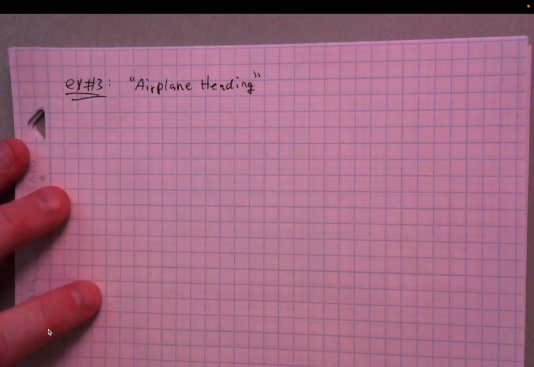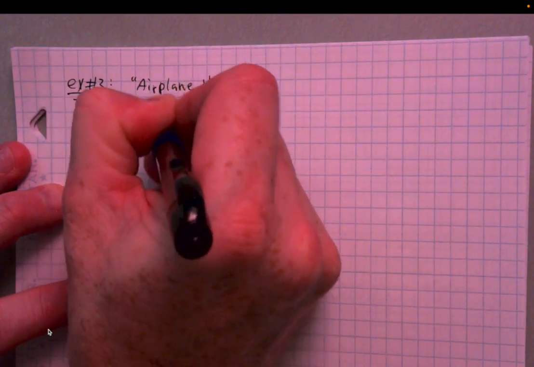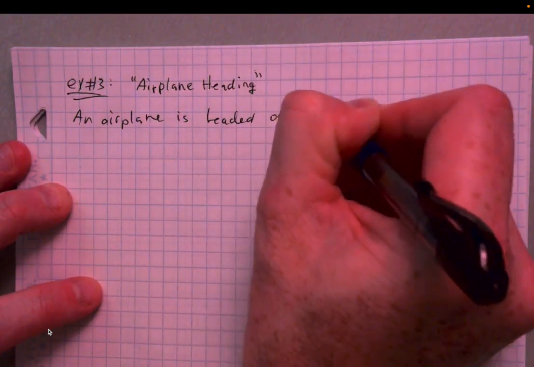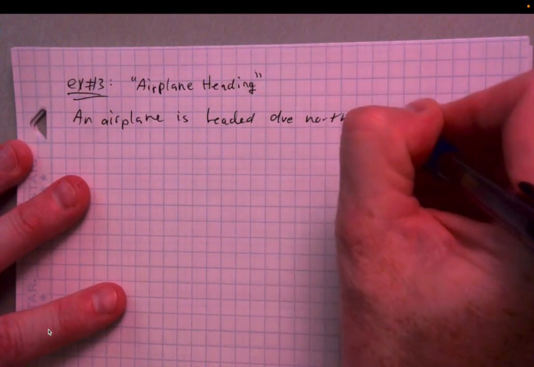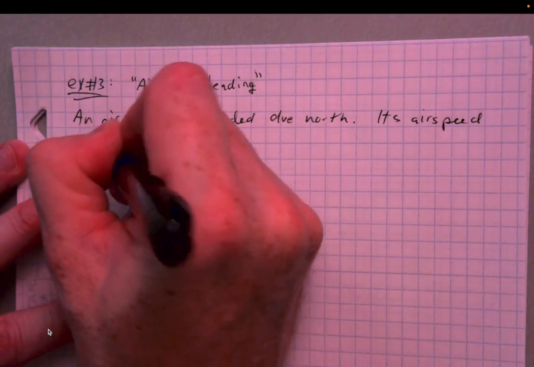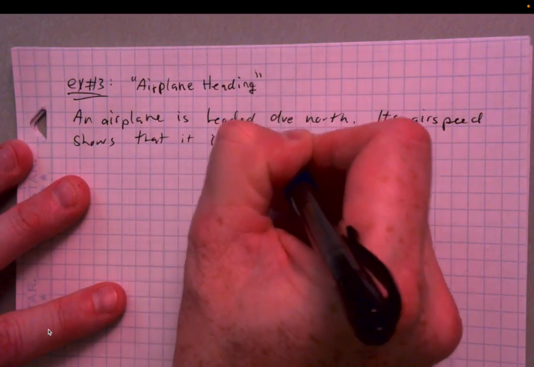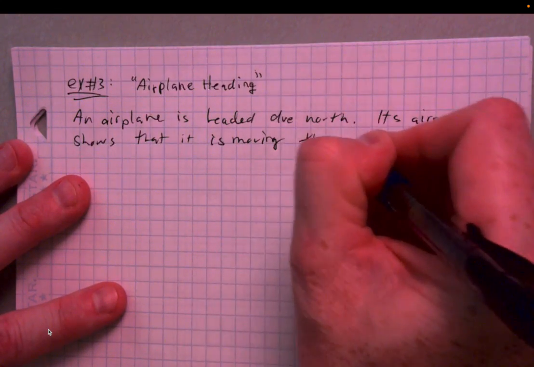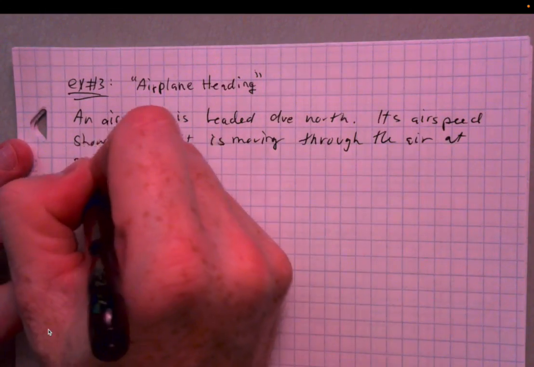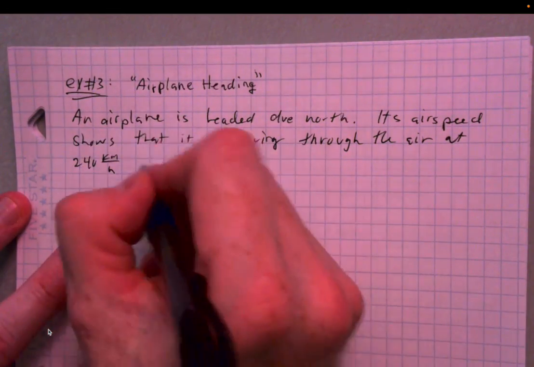Okay, so let's write this down and we'll draw a picture. So an airplane is headed due north. Okay, its airspeed shows that it is moving through the air, key word there, through the air, at 240 kilometers per hour. Okay.